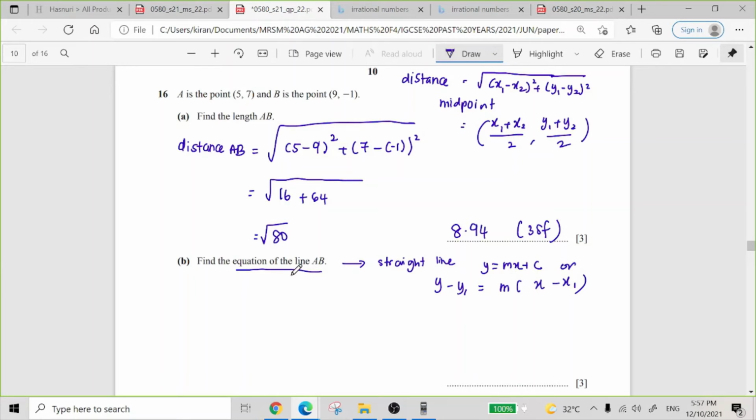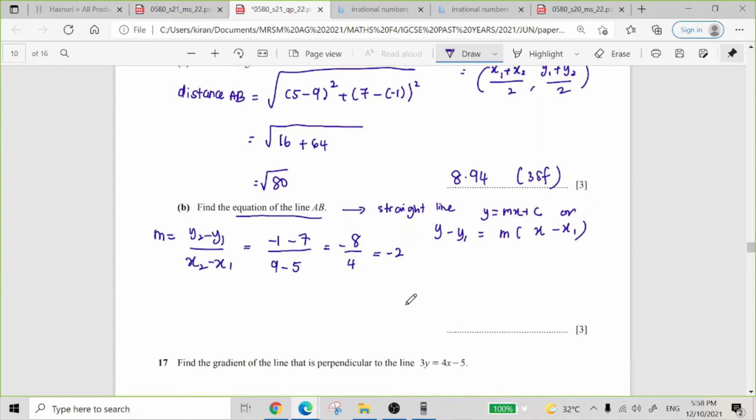To complete the equation of a straight line, you should calculate the value of the gradient. For the gradient, we take these two points: y2 minus y1 divided by x2 minus x1. So we take y2, which is -1, minus 7, divided by x2, which is 9, minus 5, and then we get -8 divided by 4. So we have the gradient -2.